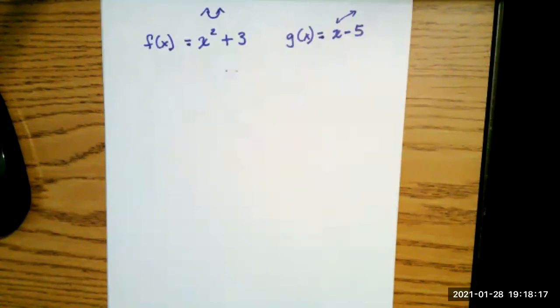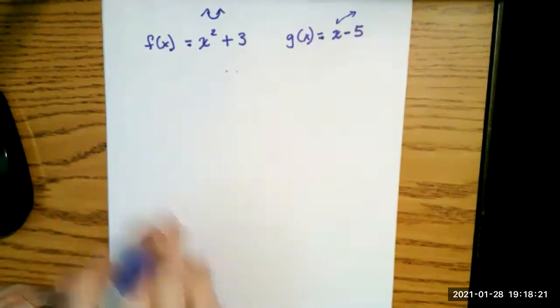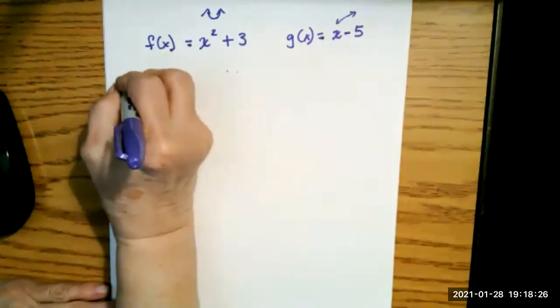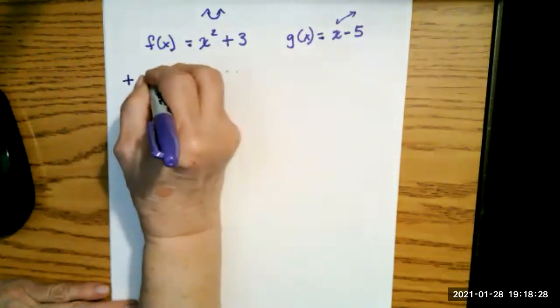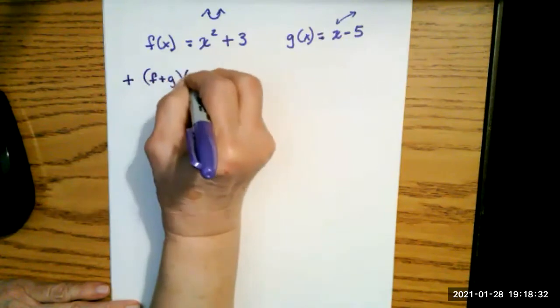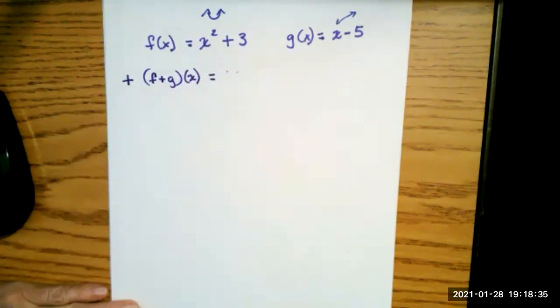Okay, no worries. So we have a parabola and a line, and the domain for both of these would be all real numbers. But we're going to add them first. We're going to do f plus g of x, the way it will look on your screen.